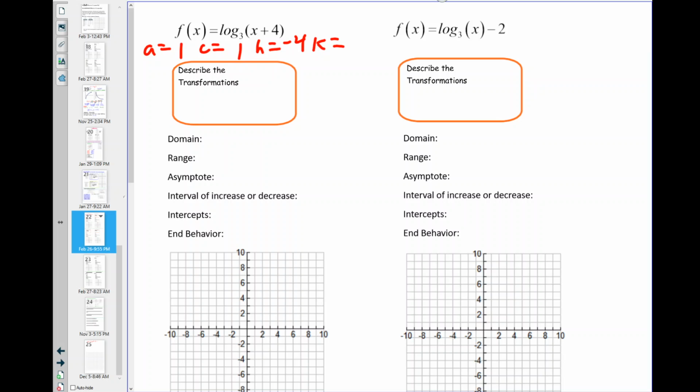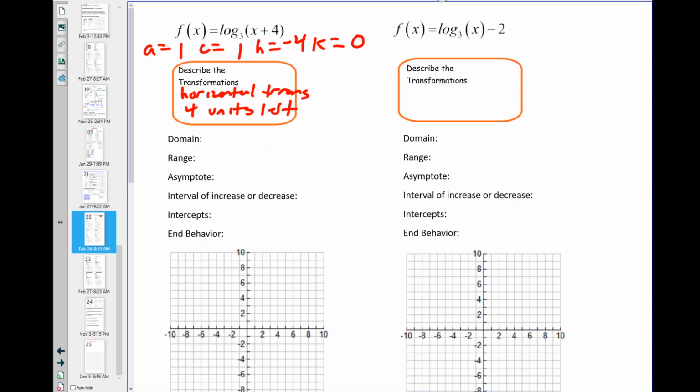What's K? 0. K is 0. There's nothing out there. So there's only one transformation here. What's the transformation? This one's asking us to describe it, so you might as well. Horizontal translation 4 units left.